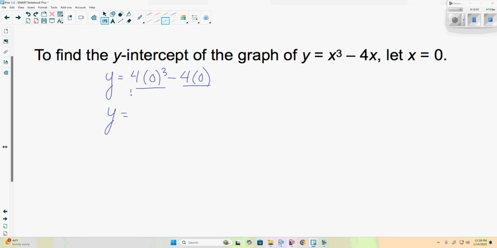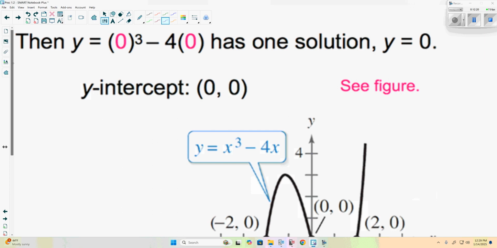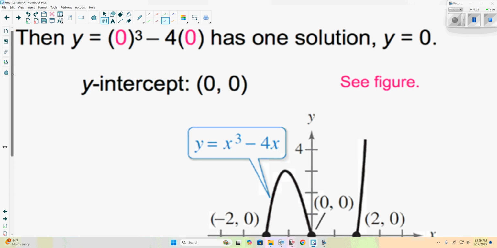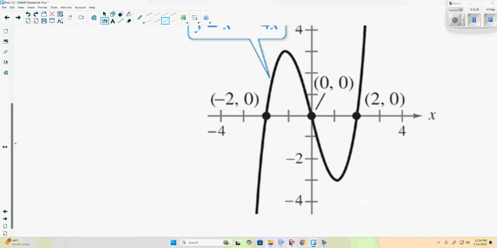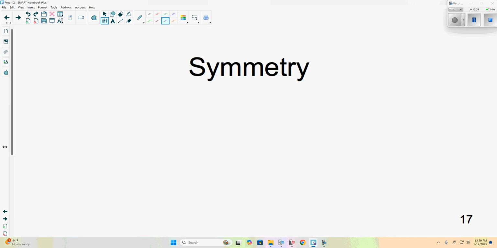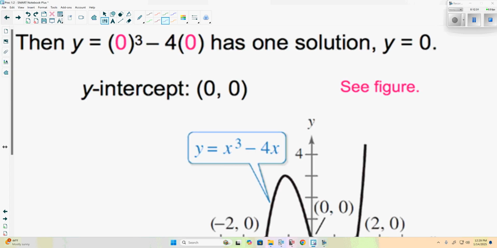So this whole side becomes 0. So the y-intercept, the y value where it crosses the y-axis, is 0. If we're talking about the point, it is (0, 0). So sometimes one is nicer than the other. It has one solution, 0. Questions on x or y intercepts?